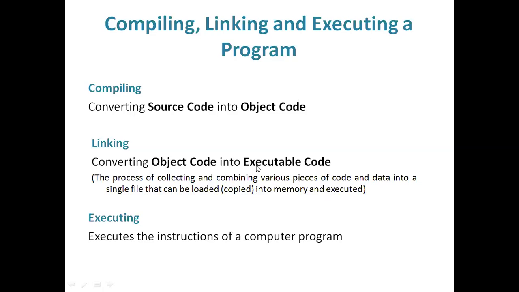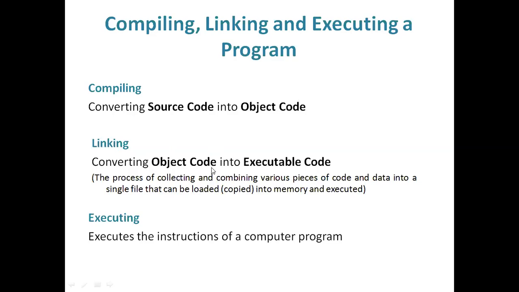This means that although the source code has been converted into the object code, the computer still cannot execute those instructions. First, we have to make a file in which all the different pieces of code are combined, then that file will be loaded into the memory, and then it will be executed. The linker performs this operation.